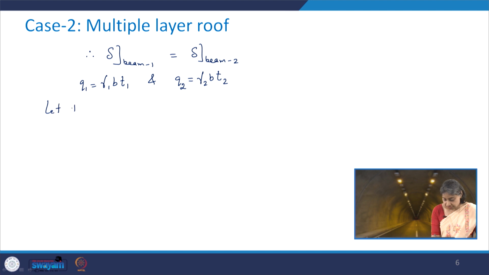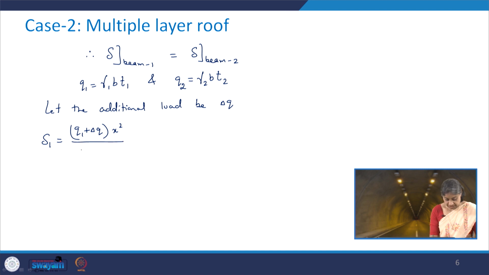So, let the additional load be delta Q. In that case our delta 1 is going to be Q1 plus delta Q, x square divided by 24 E1 I1, into L minus x whole square.